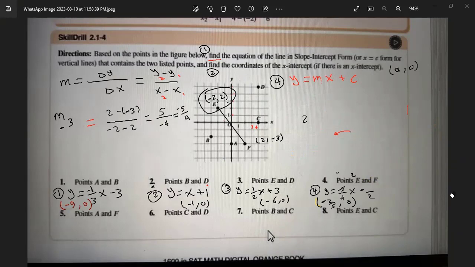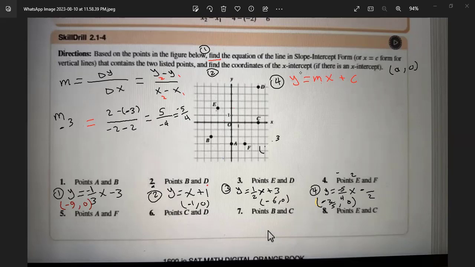Number 5, he gives us A and F. We used A and F. F is 3. This is very, very easy. You see why? Because this is a horizontal line. I will do it directly, then I prove why it comes like this.